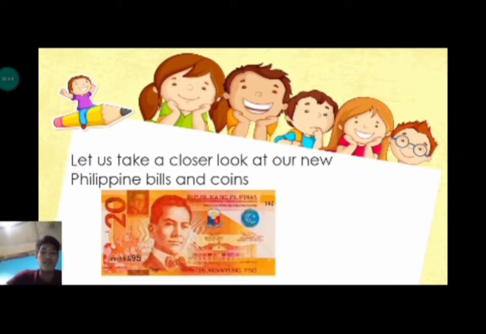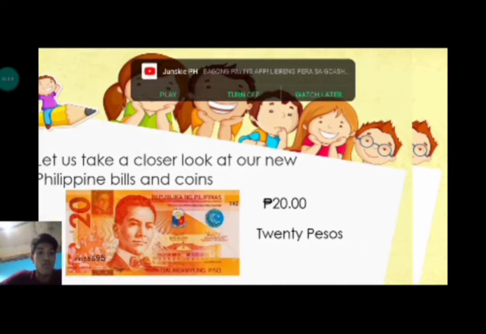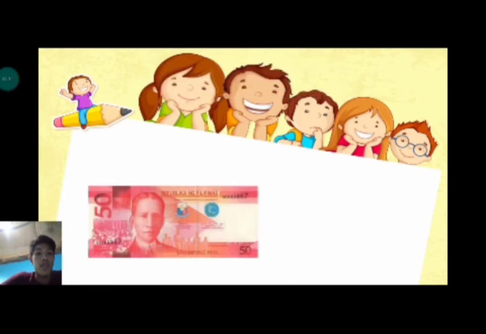20 pesos. How do we write it in symbol? We put the symbol before the number. How do we write it in words? Right, that is worded money: 20 pesos. We have 50 pesos.